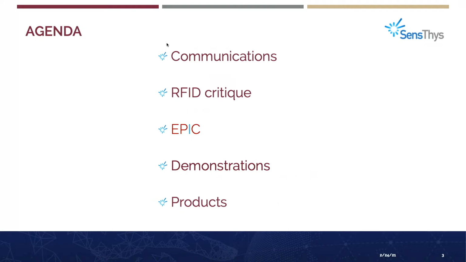It's a fantastic technology and it's done a good job in the world, but there are certain things it's incapable of. Then we'll talk about where EPIC plays and the places where it can be very valuable, and we'll show you some demonstrations. We have been selling this in the market for about 6 months, so it's deeply embedded in a lot of our products. Then we'll walk you through the products.